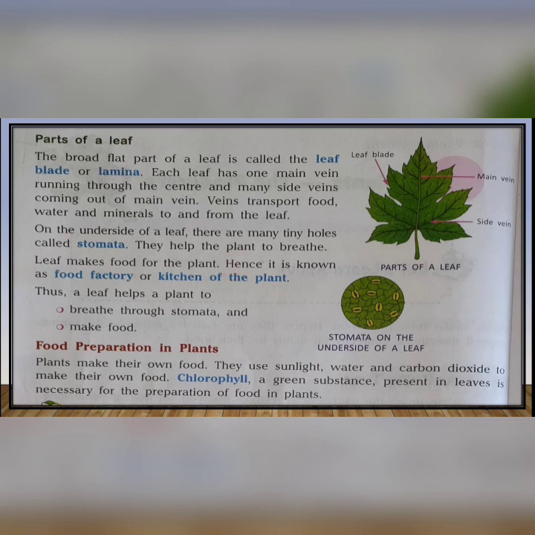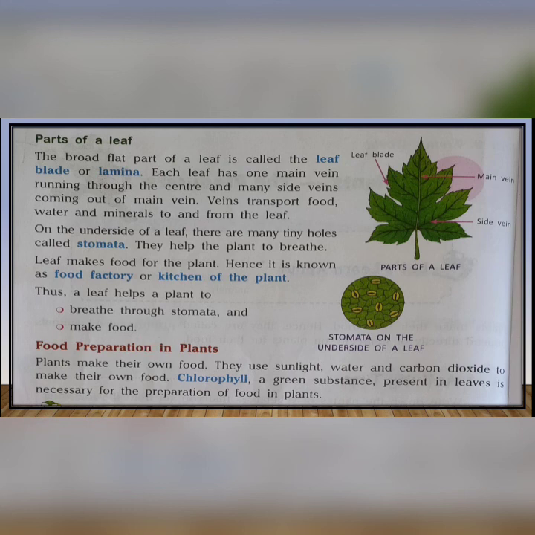Leaves are also called the food factory or kitchen of the plant, because they make food for the plant. So a leaf helps a plant to breathe through stomata and make food. These are the main two functions of a leaf.